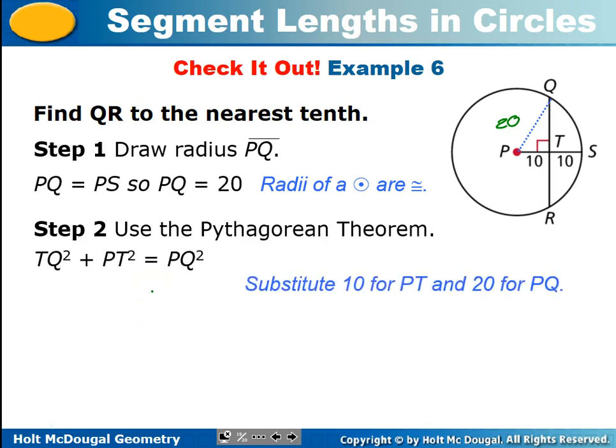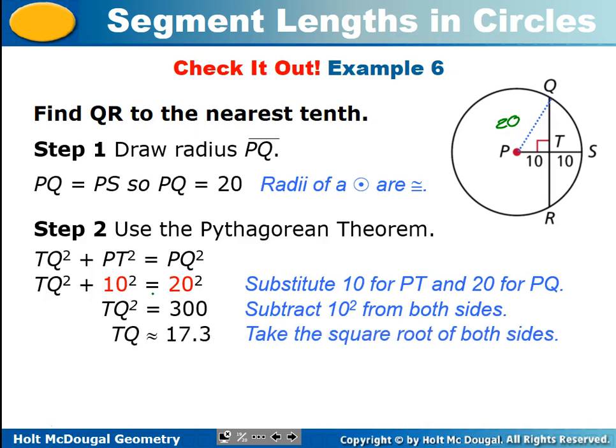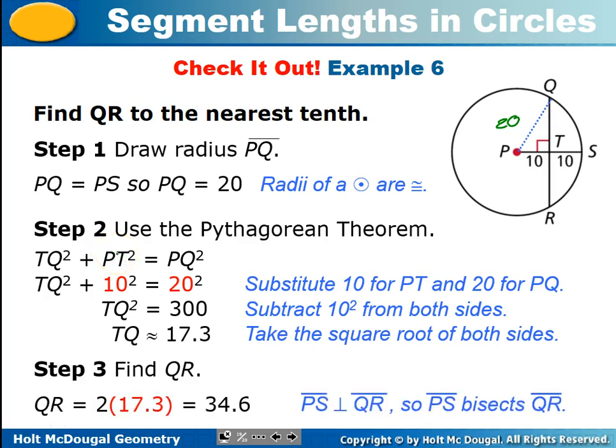We're going to do TQ squared plus 10 squared equals 20 squared. That's 100 subtracted from 400, which is 300. Take the square root of 300, and that gives us 17.3. Then obviously, if we've got TQ up here at 17.3, then TR is 17.3. So we once again multiply 2 times 17.3 to get 34.6.